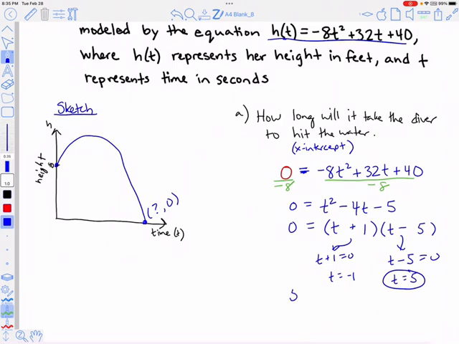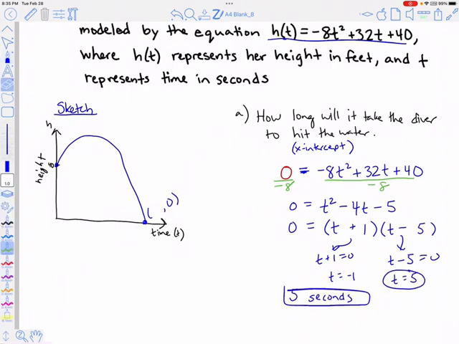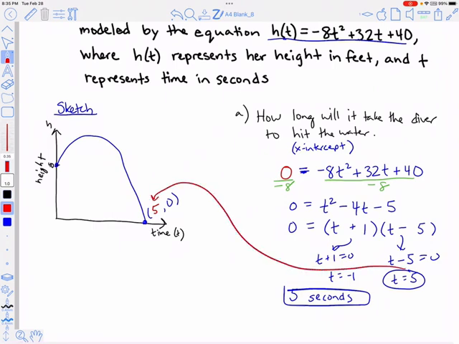So I've found the location of this x-intercept is 5. And now I can add that to my picture just to get a little bit more sense of what's going on in this situation. Now, what is the -1? What does that represent? Well, it doesn't represent anything in real life because there is no negative time. We're not going back in time.